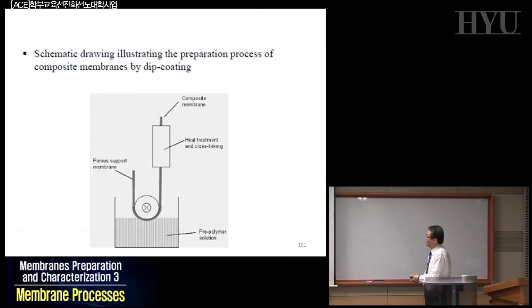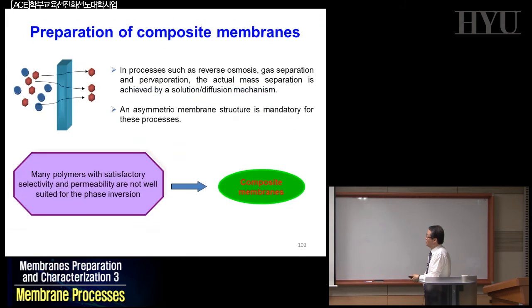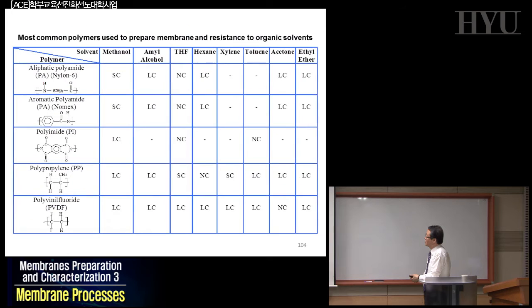You can have dynamic membranes with a dip coating process. Again, this is the same picture. Composite membranes could be fabricated into two different structures, and the polymer structure could vary from polyacrylonitrile, polyamide, or polyimide, PP or PVDF.